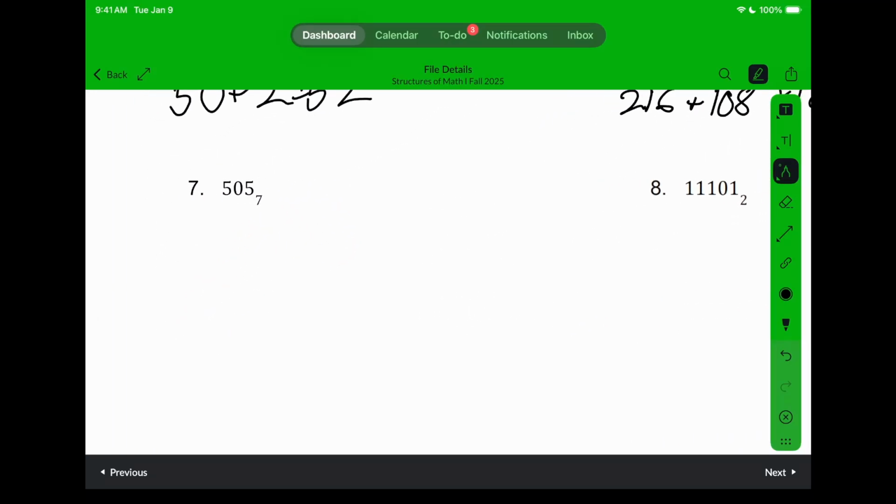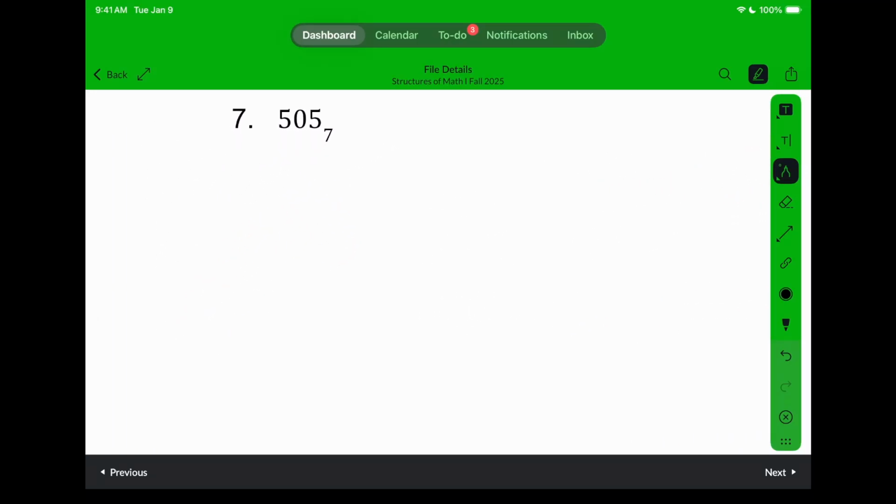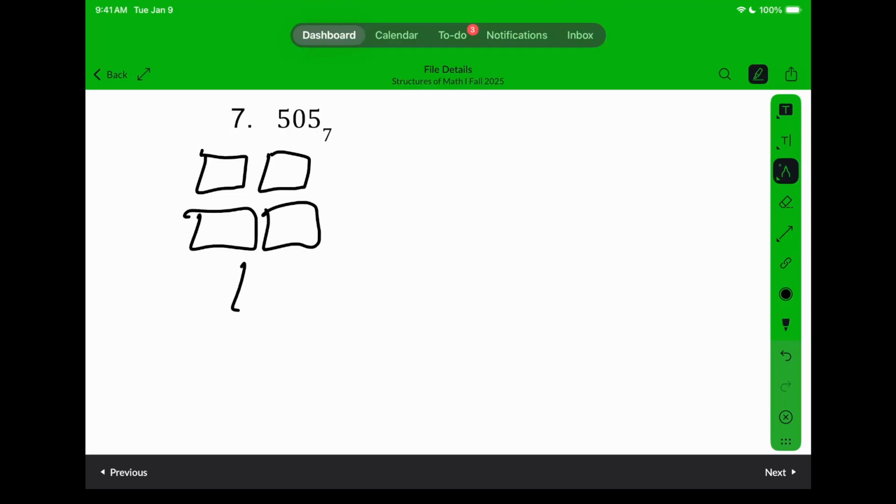Number 7 is base 7. So it's going to be 5 flats, 0 longs, 5 units.